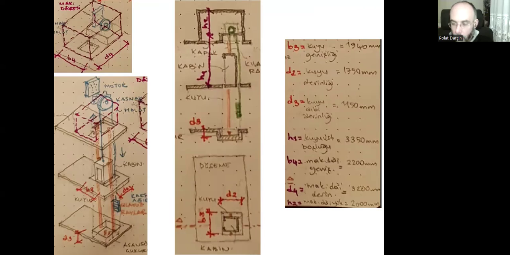First, you need to pick a firm and then take a look at their different options, different models, and decide on a cabin based on your users' properties, user requirements, and based on the decision about the cabin, then you need to learn this hoistway sizes and the pit depth, and if there is this penthouse machine room at the top, then you need to learn its sizes, both horizontal and vertical required sizes.